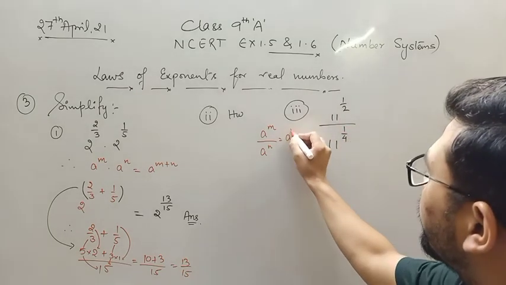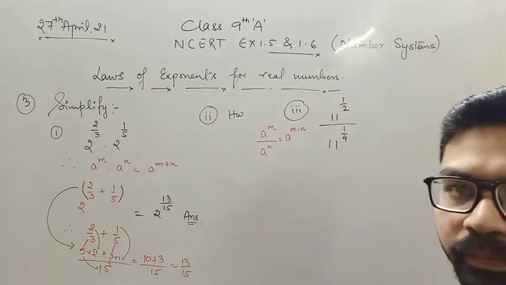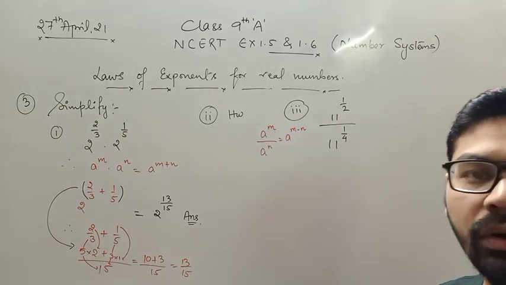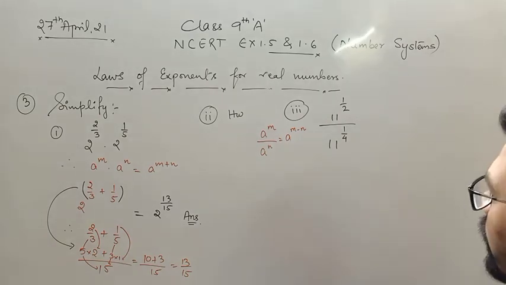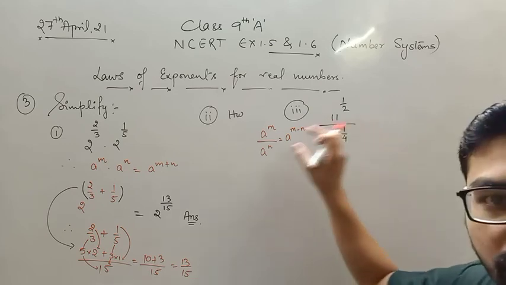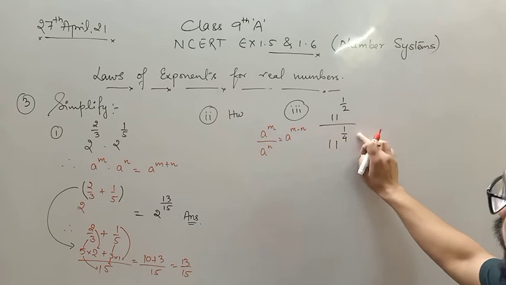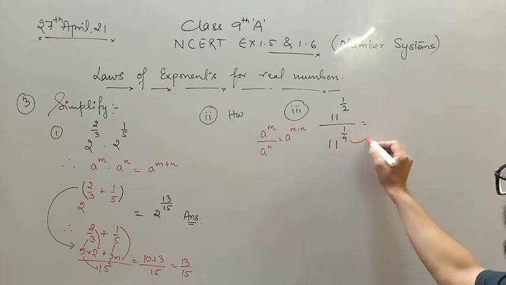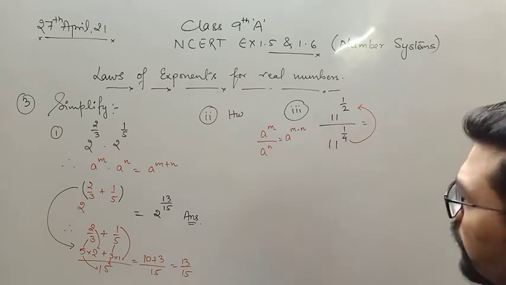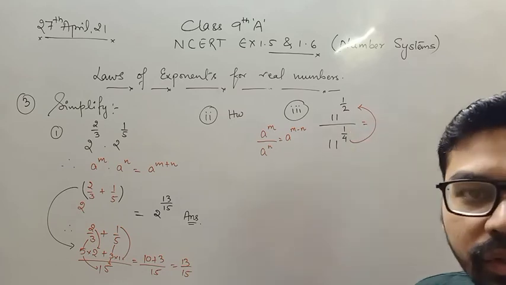What I can write is a to the power m minus n. The fourth property that I have already explained to you. Now we are going to solve one question based on that property. When I move this denominator to the numerator, only the sign of the power gets changed.